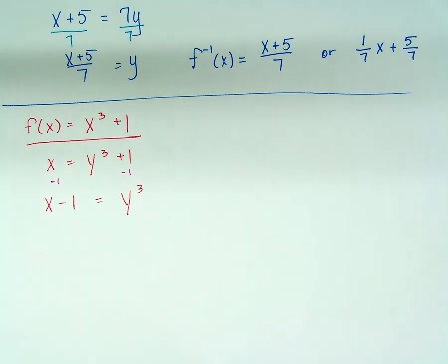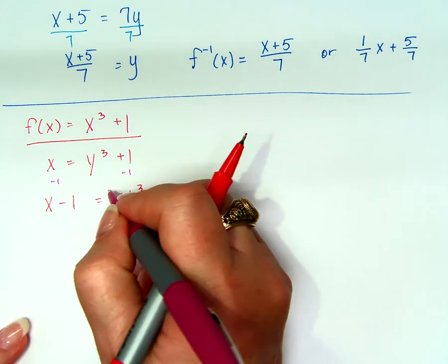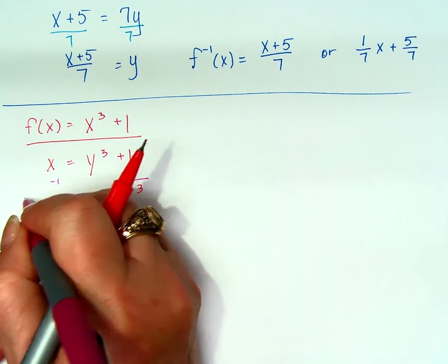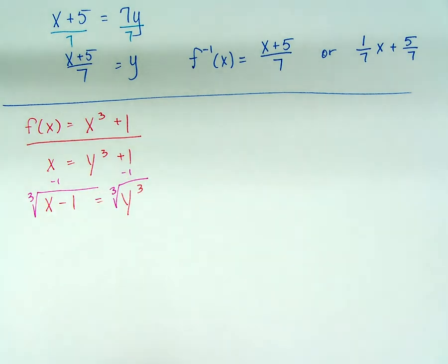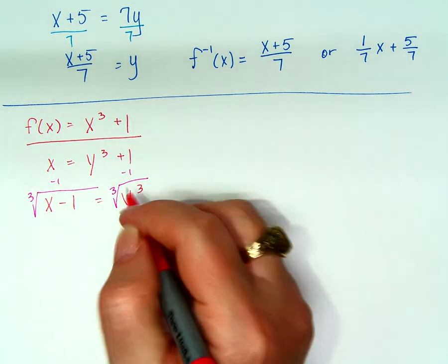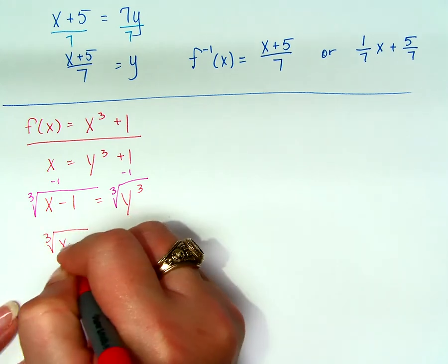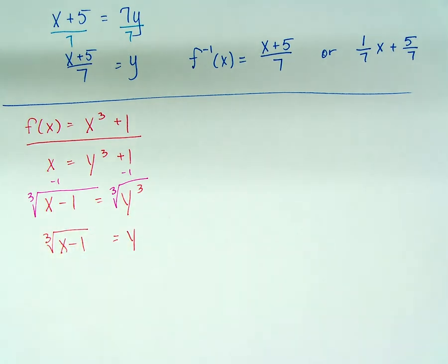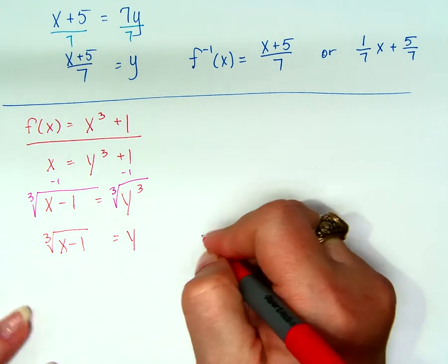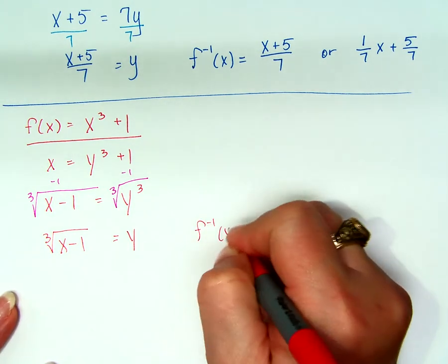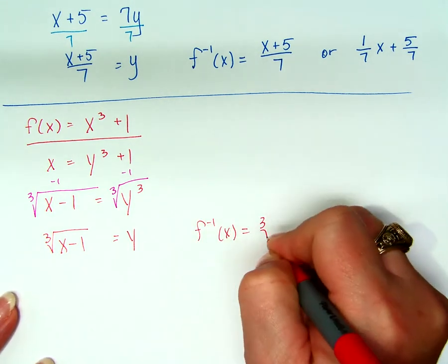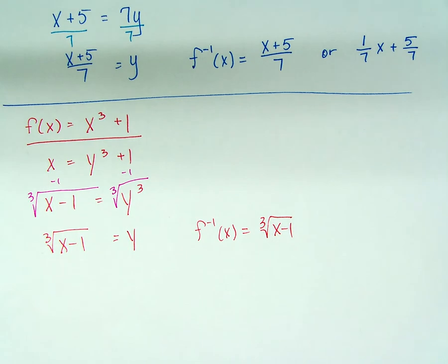And I just have to think, how do I undo a y to the third? Cube root it. So if I cube root that, I have to cube root that whole side, right? So y is going to equal the cube root of x minus 1. Is that a function? So then I can say f negative 1 of x equals the cube root of x minus 1.